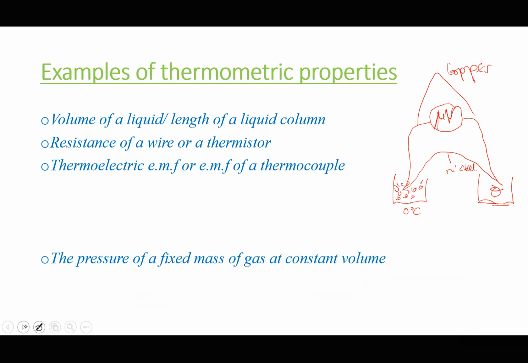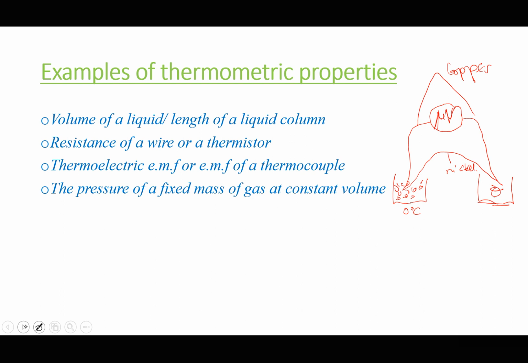Number 4, the pressure of a fixed mass of a gas at constant volume. We have already seen earlier on that a gas exerts pressure on its container. So it means if the volume remains constant and the temperature increases, the pressure of course also increases. So the pressure of a fixed mass of a gas at constant volume can also be thought of as a thermometric property.